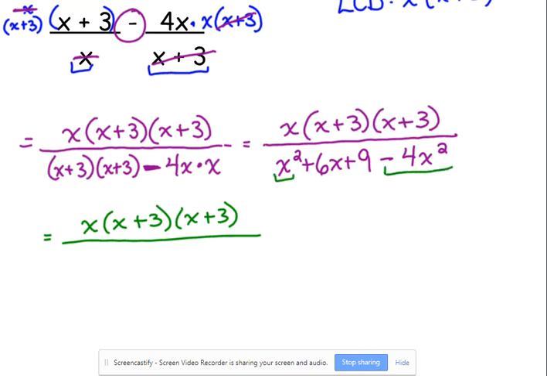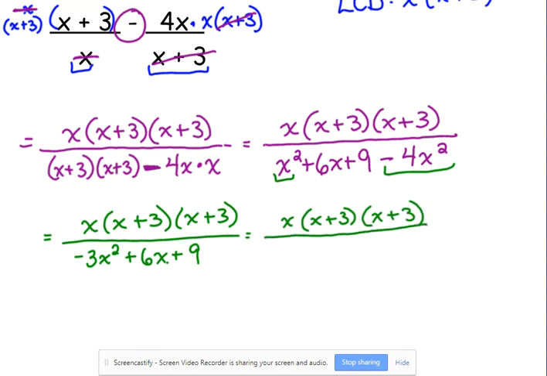Combine the x squared and the minus 4x squared. Negative 3x squared plus 6x plus 9. What can we factor in the denominator? We can factor out not just 3, negative 3, x squared minus 2x minus 3.